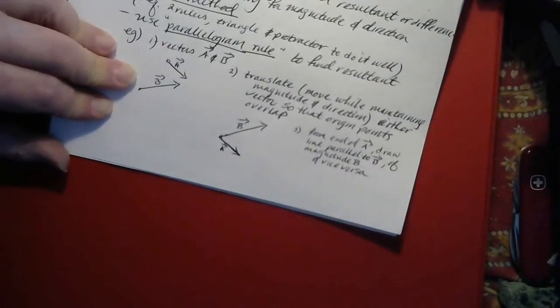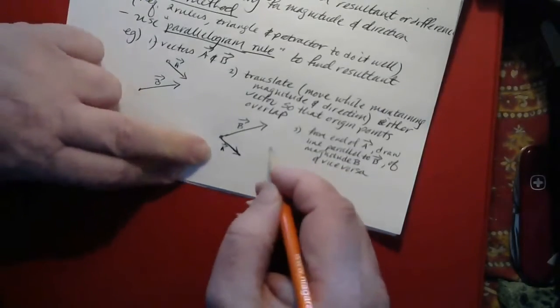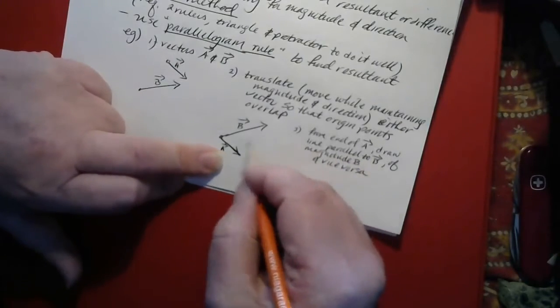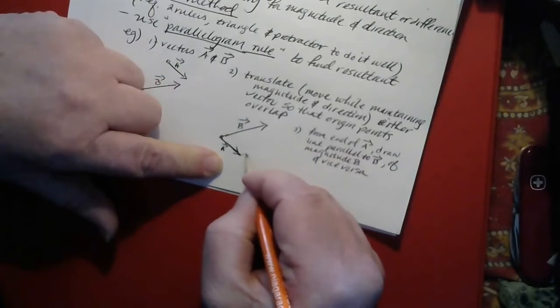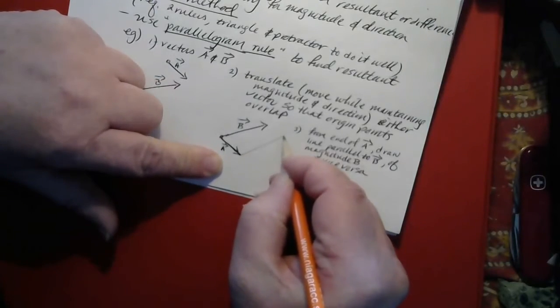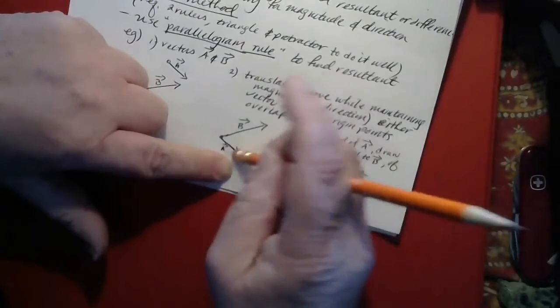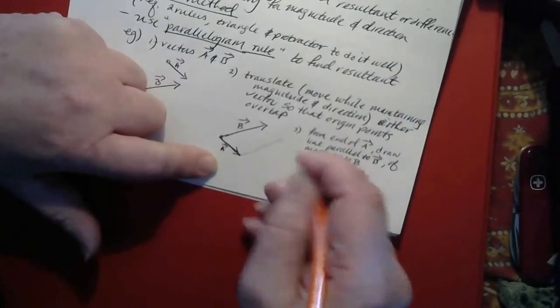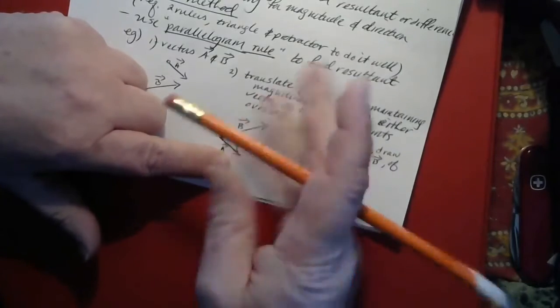And then you do the same thing, only with the names reversed. So if we have, from the end of vector A, we want to draw a line parallel to B, which is of the same magnitude as B. I keep wanting to curve it.